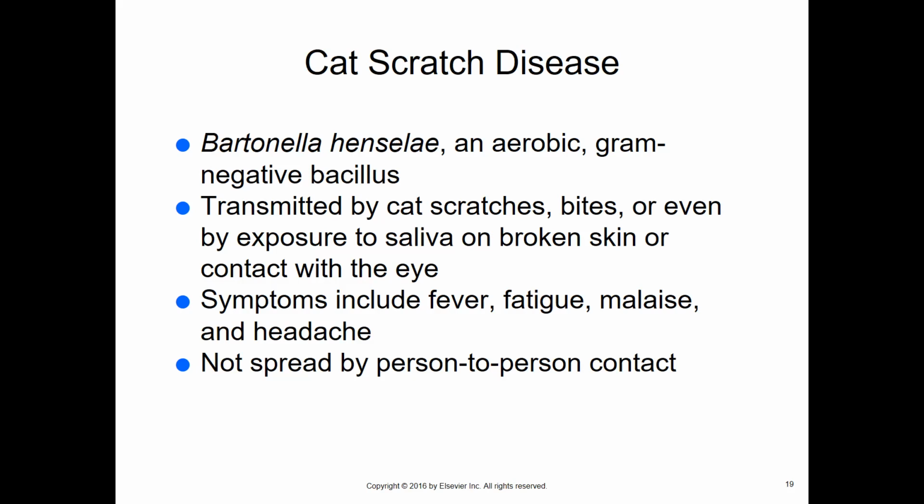When the cat first scratches them, they'll get a little bump, and then a little bit of swelling of the lymph nodes. That usually means there's been some transmission of this disease from the cat to the person.